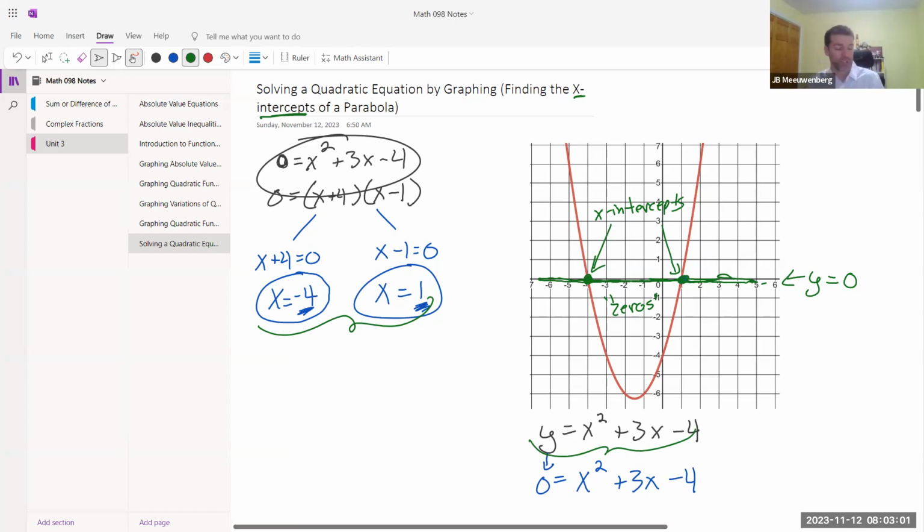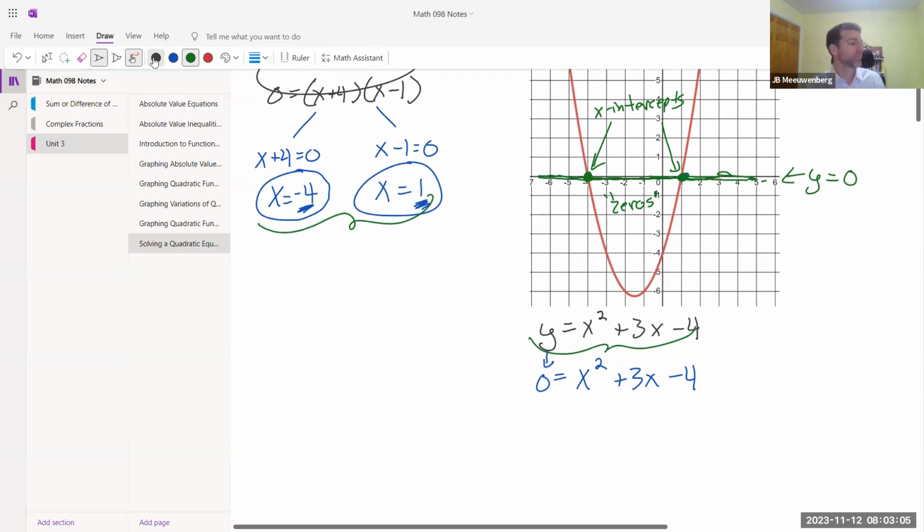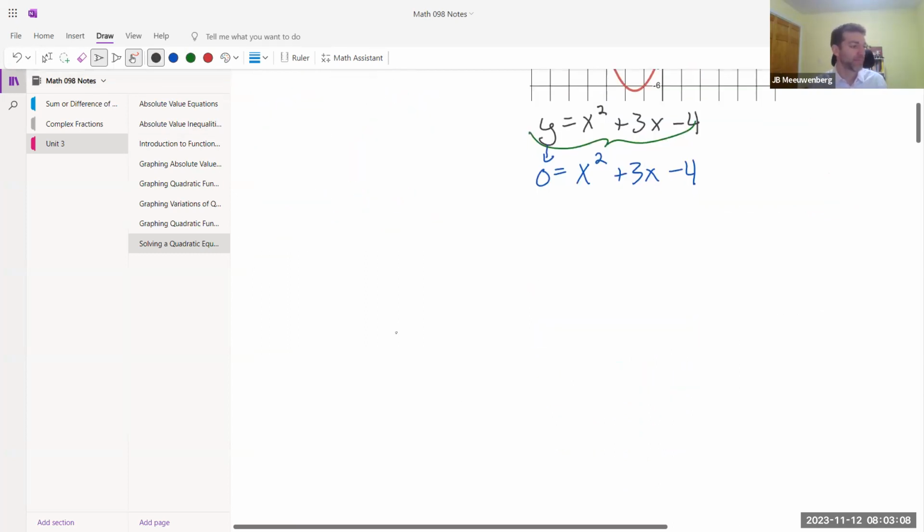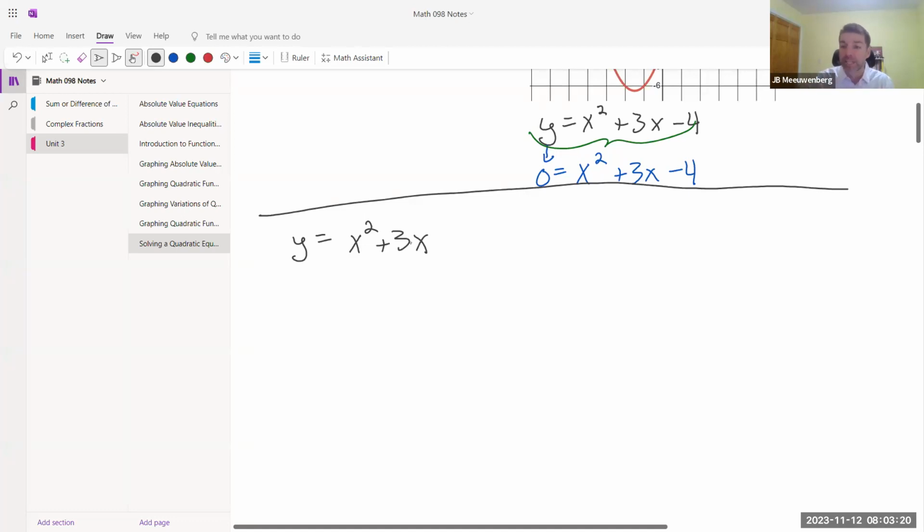So let's do this one next. We're going to look at the equation y is equal to x squared plus 3x. And your job is to find the zeros or find the x-intercepts of this graph. So maybe pause the video and see if you can do that, and see if you can do it two different ways, right?